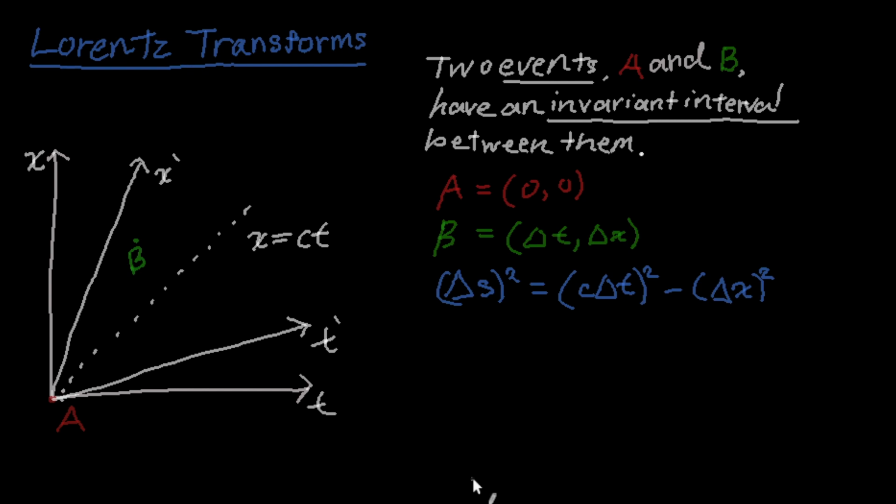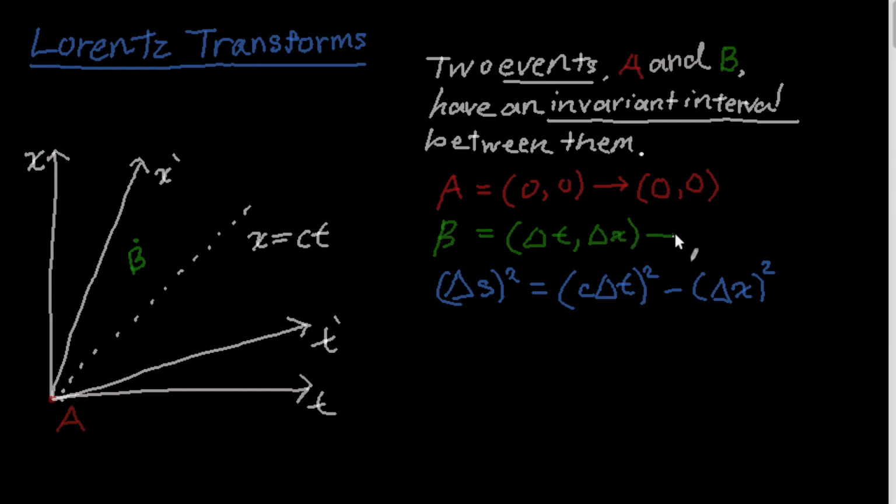squared. Now let's suppose we've rotated into a different coordinate system, where x becomes x prime and t becomes t prime. Now the position of A has not changed in this so-called primed frame, so we can still say that its position is at the origin, (0, 0). But clearly the position of B in this new set of coordinates has changed.